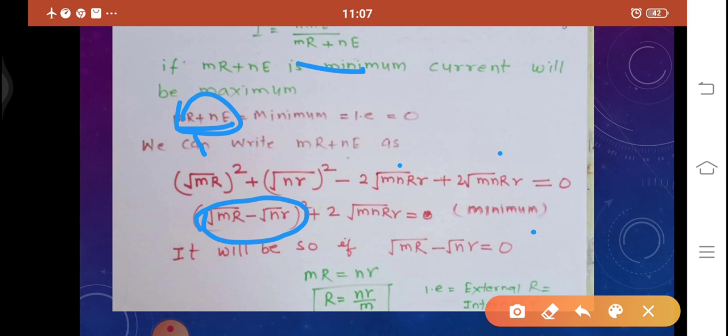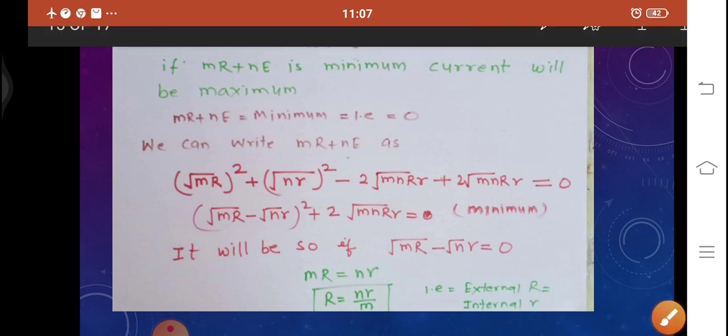If you take n equal to 1 and m equal to 1, what will you get? n and m both are 1, so R equals r. That means the external resistance should be equal to the internal resistance. Whenever the external resistance is equal to the internal resistance, the current will be maximum.